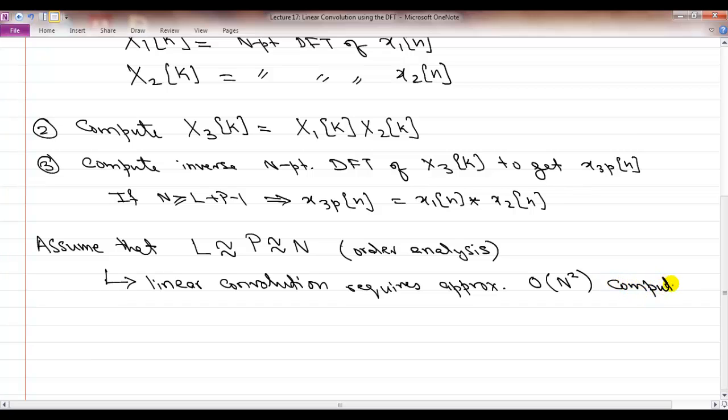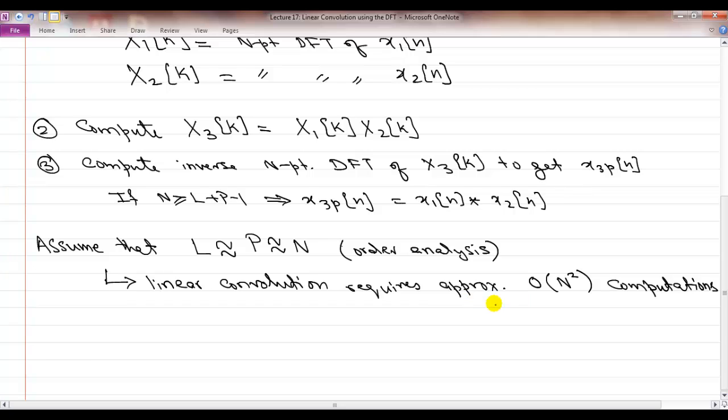And by computation, I mean multiplication and addition. Order N squared means that if I increase N by a factor of, let's say, 3, then the amount of time it is taking you to compute your linear convolution will become 9 times. So it will become 3 squared.